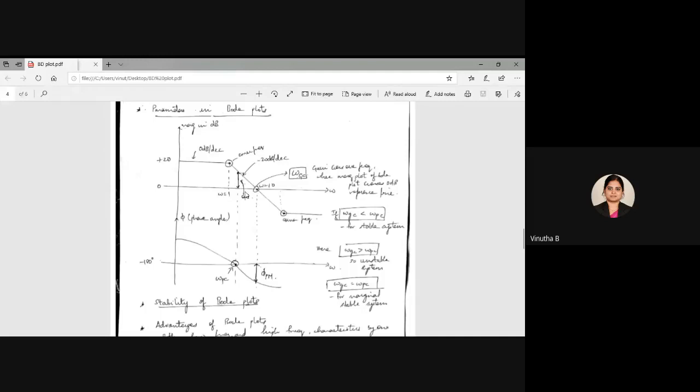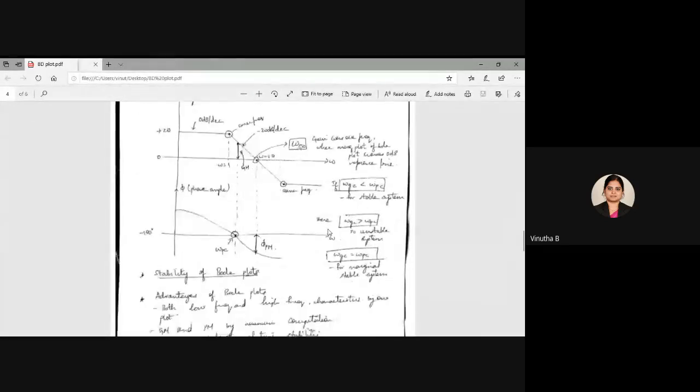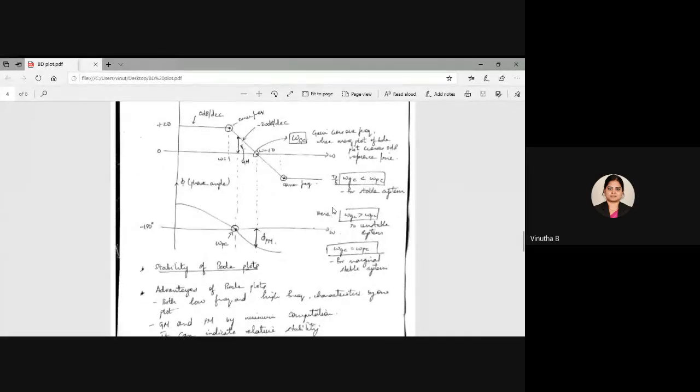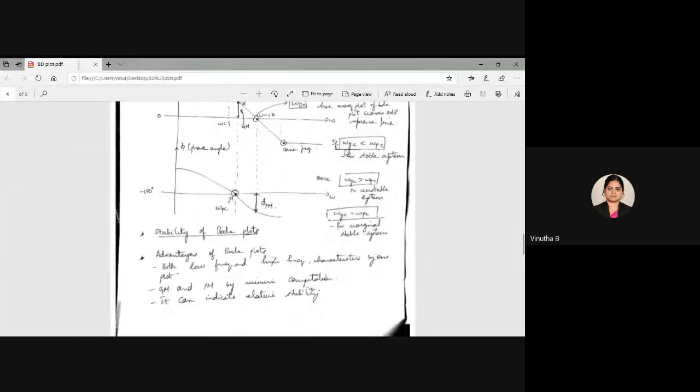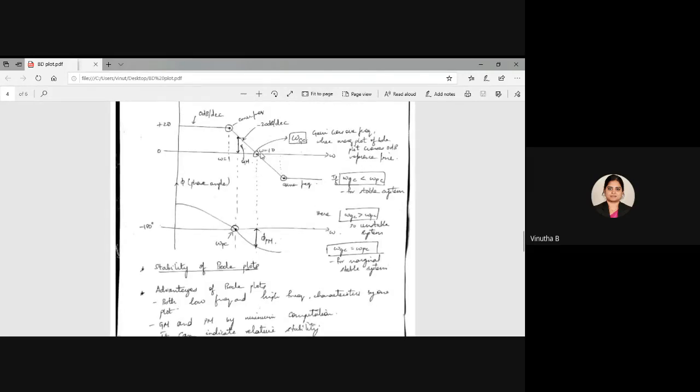Once you find all these parameters, you have to comment on the stability of the Bode plots. For commenting on stability, you should know these conditions. If omega GC is less than omega PC, then it is a stable system. As I told you, this is omega GC. You see this omega GC point is farther away from the 0 point, whereas this is much closer to the 0 point. That means this frequency is now less compared to omega GC.